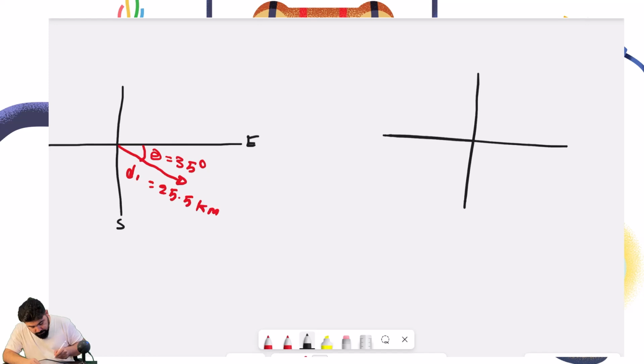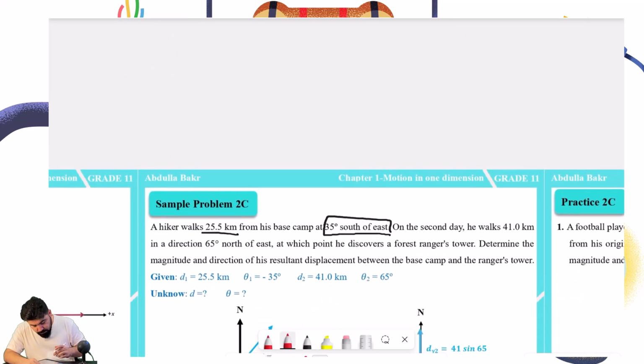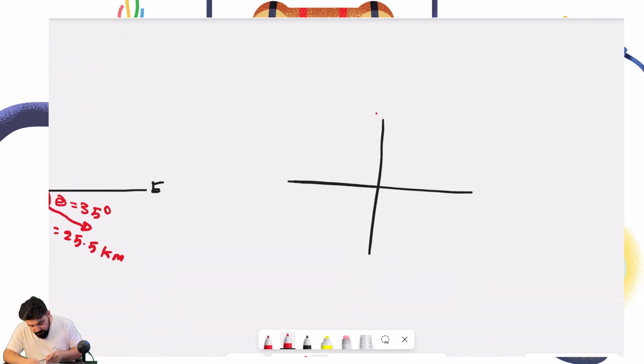So this is going to be, it said, north of east. So this is north and this is east. So this is going to be my angle. This is going to be my vector, and the angle is made with the east, or with the x-axis. Now D2 is going to be 41 kilometers.